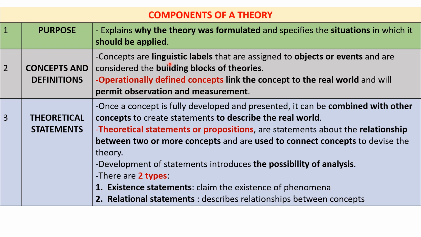Concepts are linguistic labels that are assigned to objects or events and are considered the building blocks of theories. Operationally defined concepts link the concepts to the real world, and these operationally defined concepts will permit observation and measurement of the concepts.